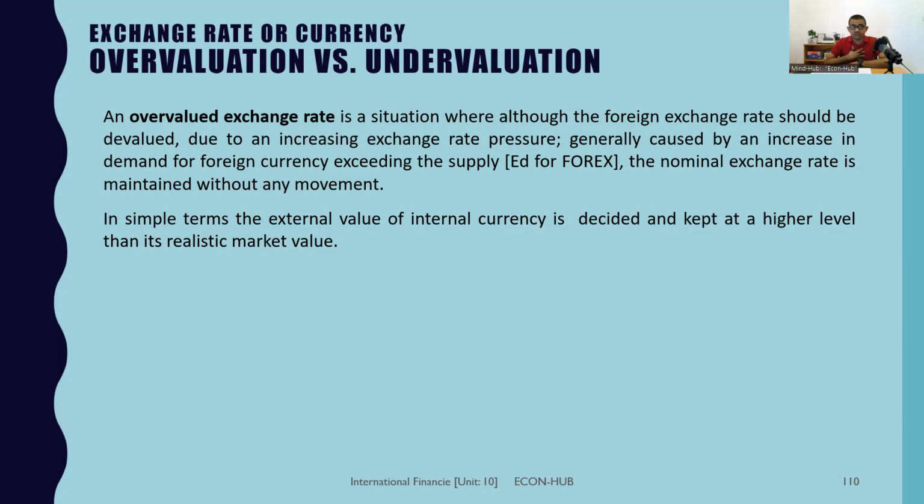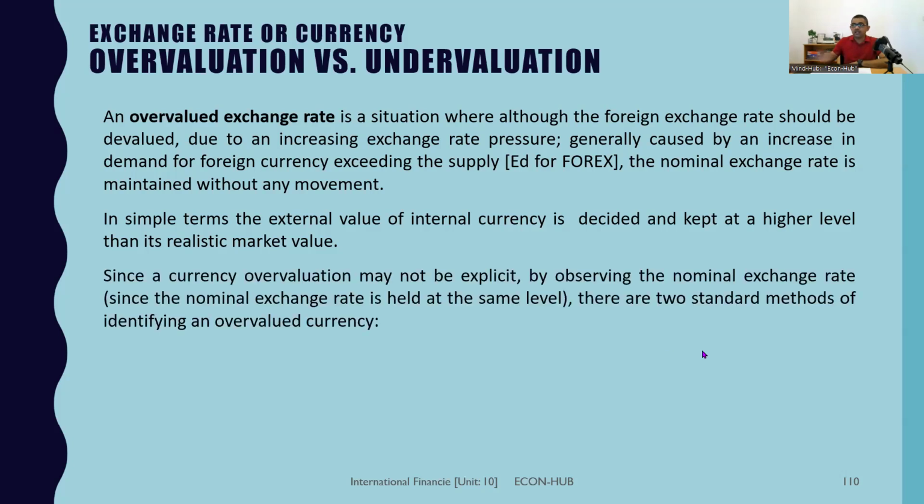Our value of the rupee is more than what it realistically should be. Realistic value is lesser, but we keep it at a higher level, leading to an overvaluation. Right? Now look at this third point, it's a bit important.